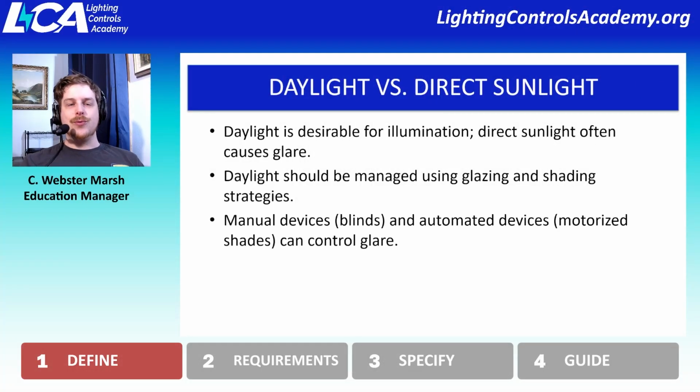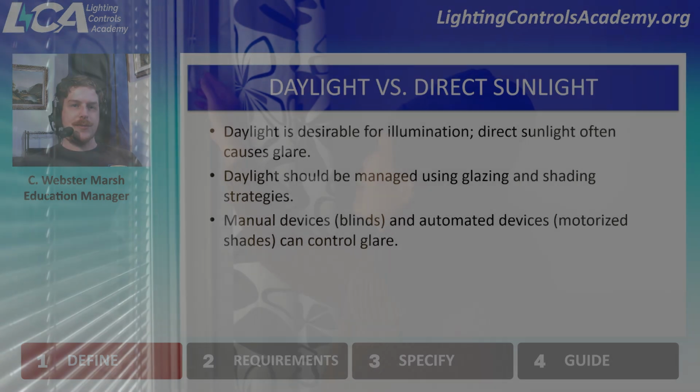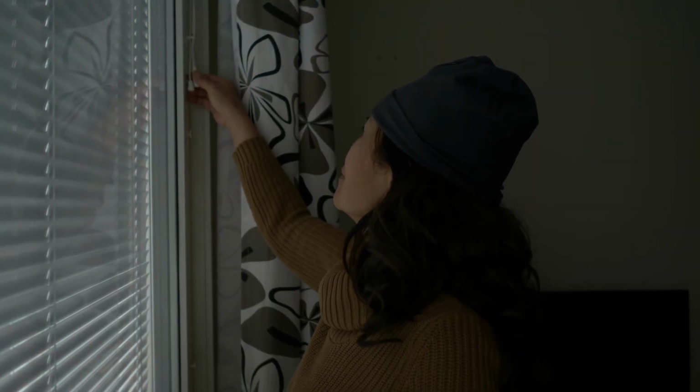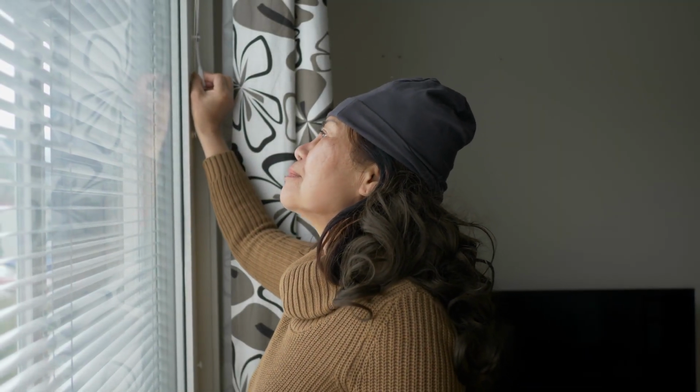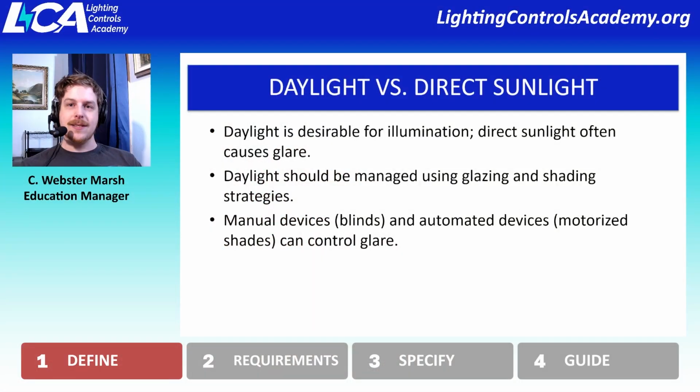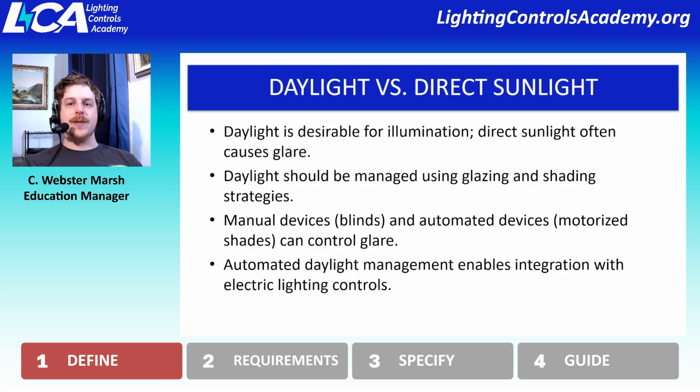When it comes to devices like blinds, you oftentimes have options where you could either manually control the blinds just by pulling a cord, or you could have motorized shades that are manually demanded to open and close, or you could have automated daylight management where it is detecting the illumination and then responding, and it can either be with the shades or with the light fixtures themselves.